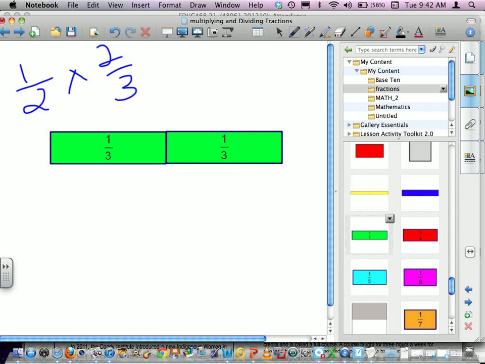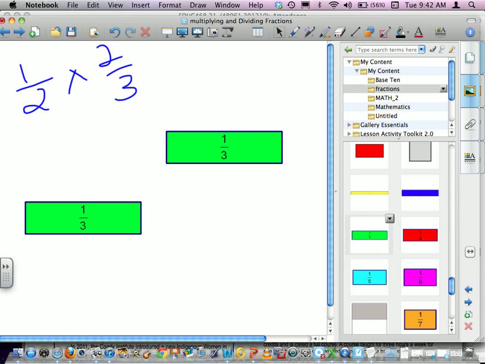Okay, so 1/2 of 2/3. Modeling with these strips, I build 2/3 and I take half of it, which is what? 1/3, right?